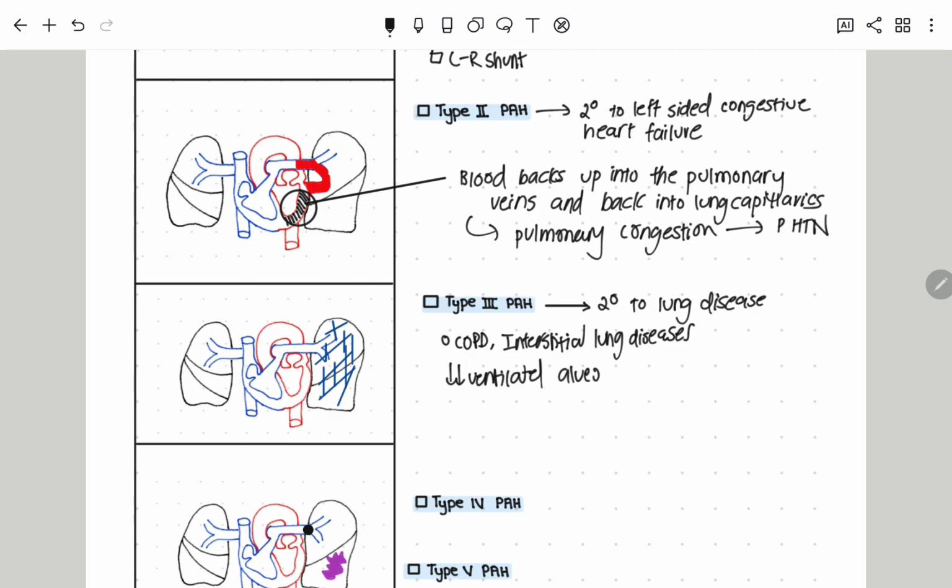alveoli. And as you would remember from physiology, if you have an imbalance between the ventilation and the perfusion, in this case you have decreased ventilation, you will have vasoconstriction of the alveolar vessels to shunt blood towards alveoli that are better ventilated.